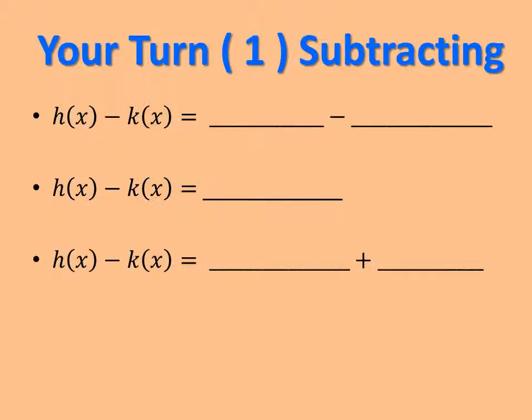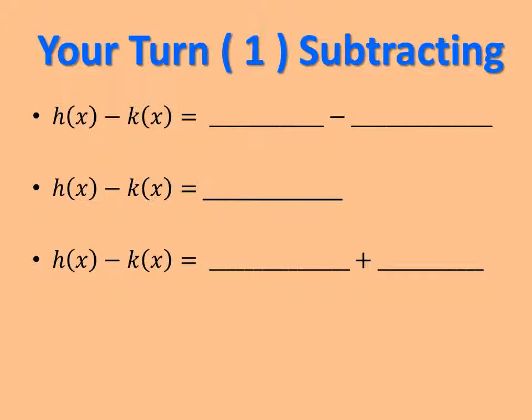Now we need to go get the constant in each of the functions. And again, you are going to be subtracting. Be careful as you write this down. Pick up your calculator, work on your variable, subtract the two terms.